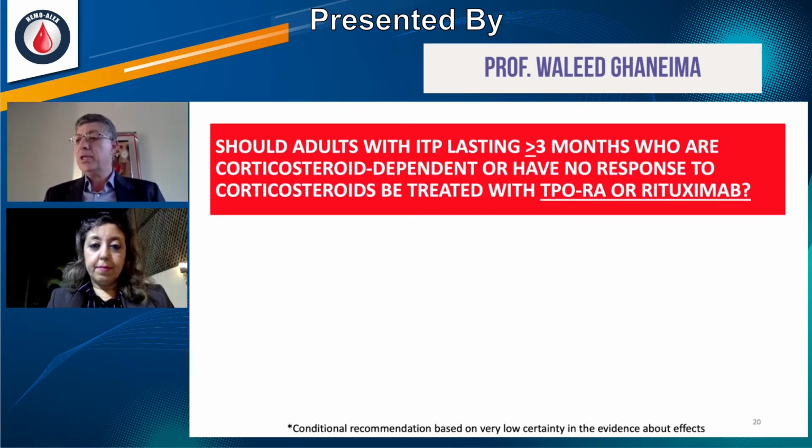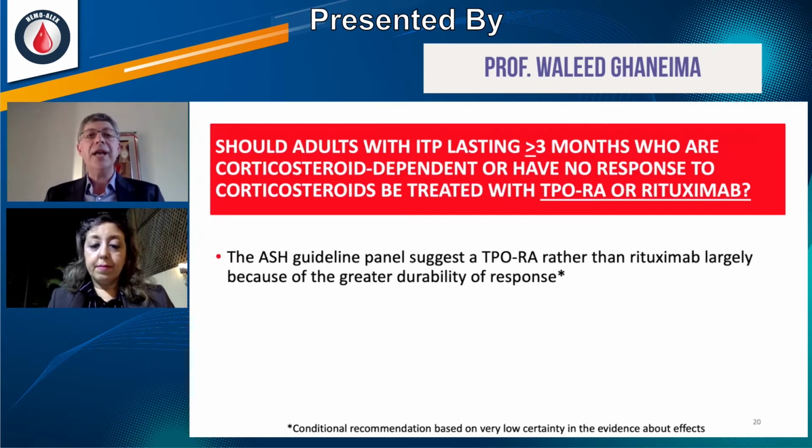So how are these questions put: should adults with ITP lasting more than 3 months who are corticosteroid dependent or have no response to corticosteroid be treated with TPO or rituximab? So the choice between TPO or rituximab. ASH guidelines suggest, again, this is a weak suggestion, TPO rather than rituximab, largely because of a greater durability of response.